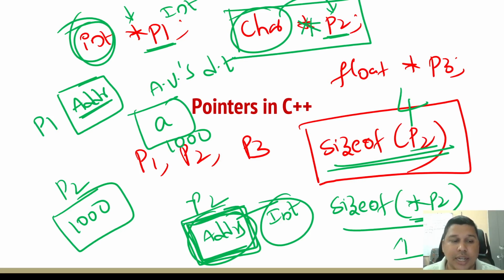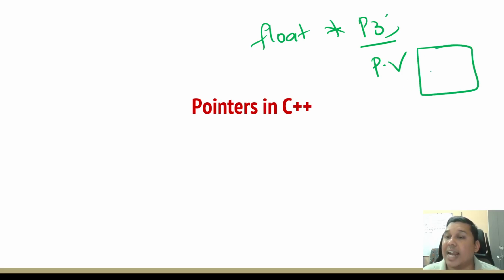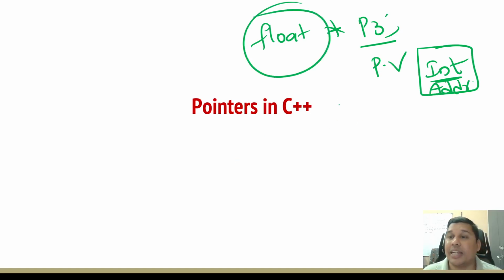Next one, see this last one, float star p3. What does it mean? P3 is a pointer variable. It means it will store some address. The address will be of type integer. This integer address belongs to a floating point variable.